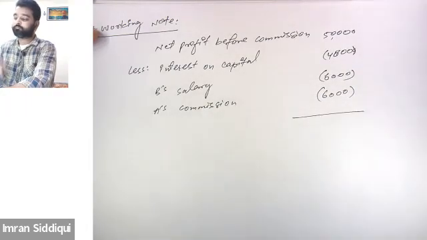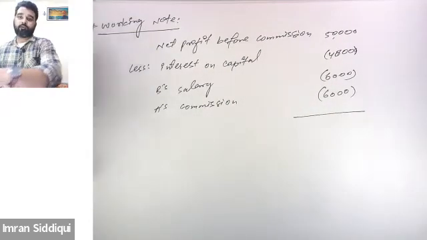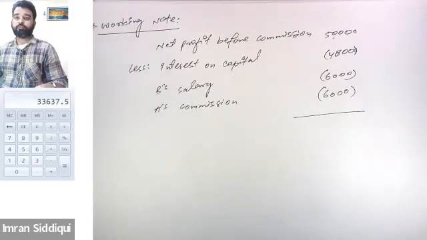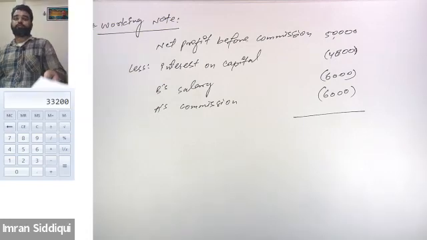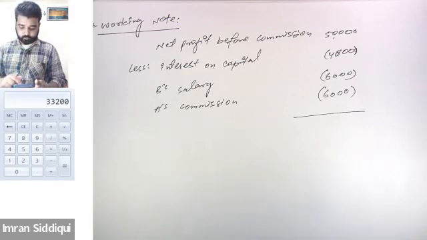Now, the remaining amount will be 50,000 minus 4,800 minus 6,000, right? And further 6,000. So 33,200 is the profit. Let me just cross check.